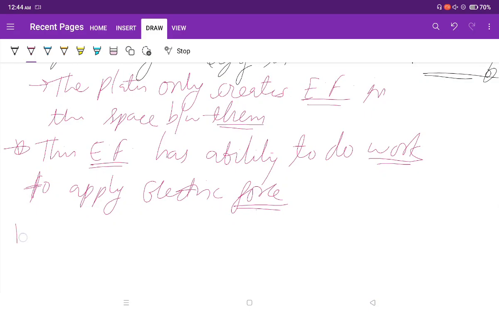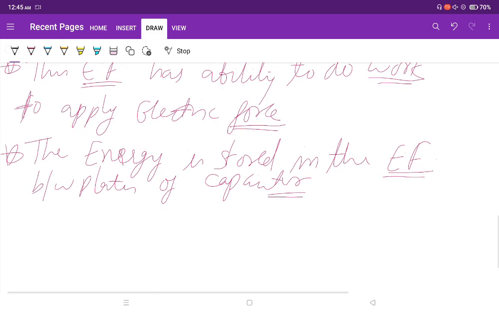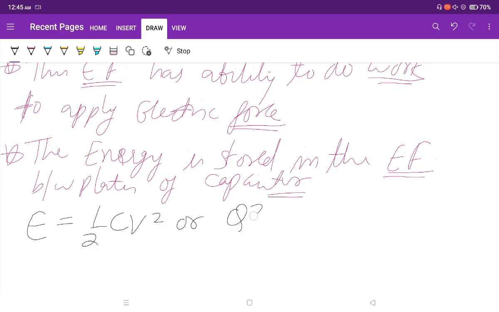Therefore, what we can conclude is that the energy is stored in the electric field between the plates of the capacitor, right? You might have seen the equation of energy as half CV square or Q square over 2C, right?